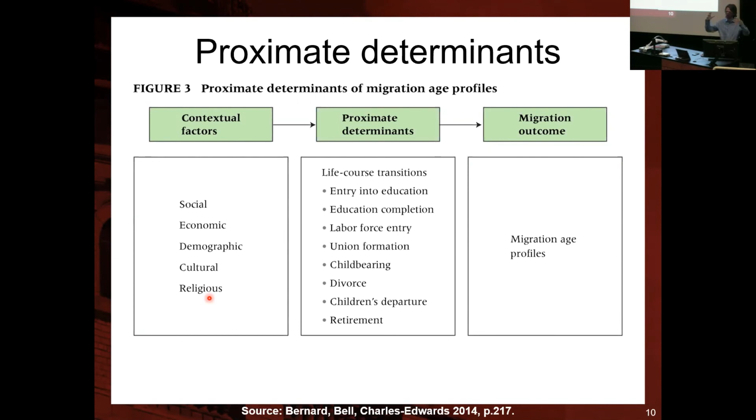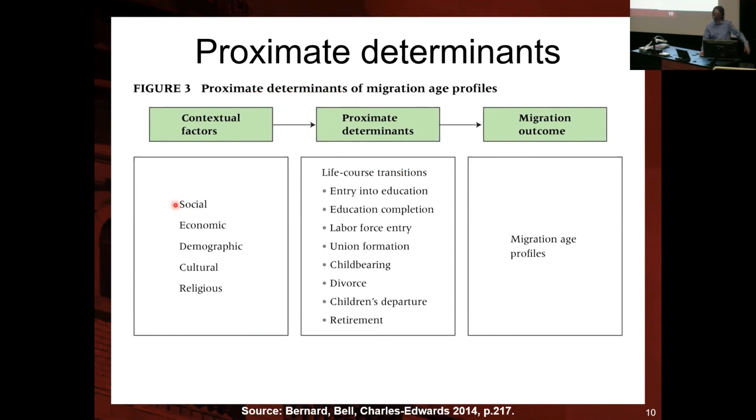Here in migration, this paper by Martin Bell and his colleagues also emphasizes that these contextual factors influence some determinants that are closely related to our chances of migrating.